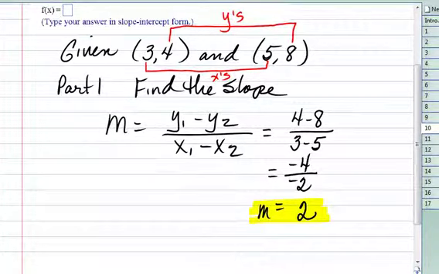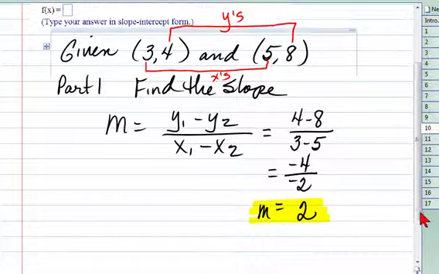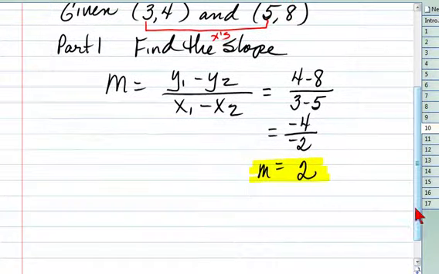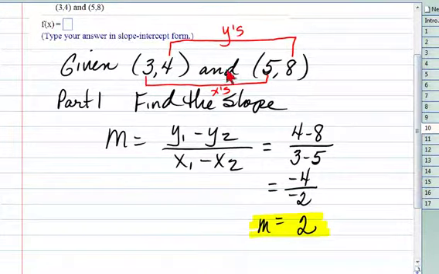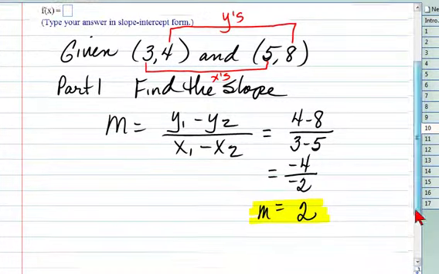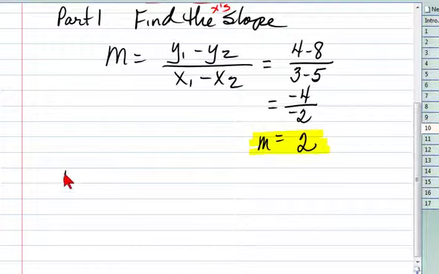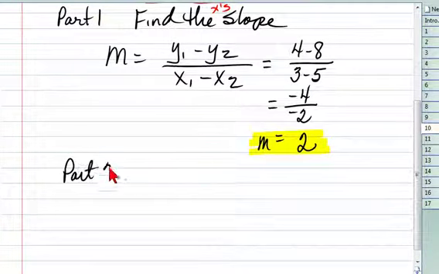Okay, now what do I have? Because what I have is supposed to tell me what to use. I had 2 points, and the only thing I know that I can do with 2 points is find the slope, and I did. Now what do I have? I have the slope, and do I have a point? I have 2 points. What we're going to do for part 2 is pick a point.